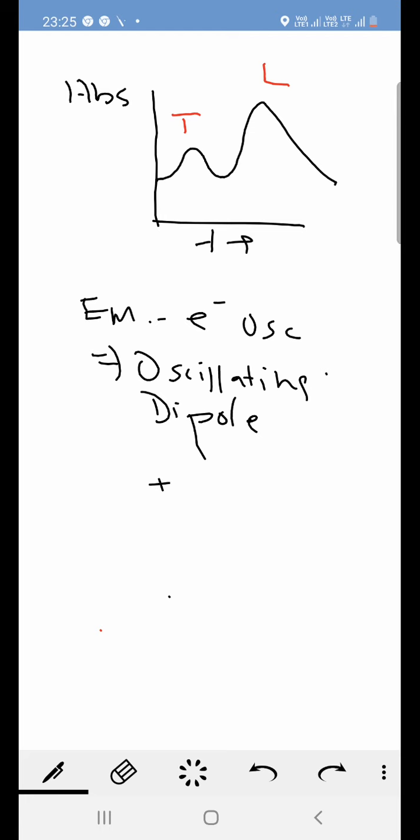A dipole is a positive and a negative charge separated by a distance. An oscillating dipole means the polarity of the two ends keeps on changing. Due to this effect, the electrons are driven to the surface of the nanoparticle.